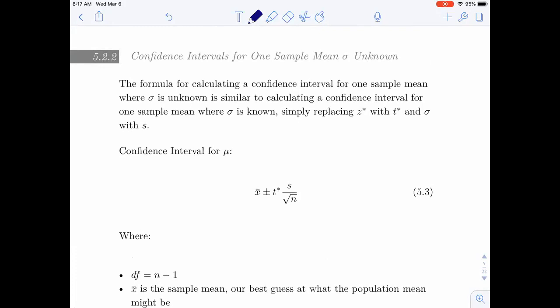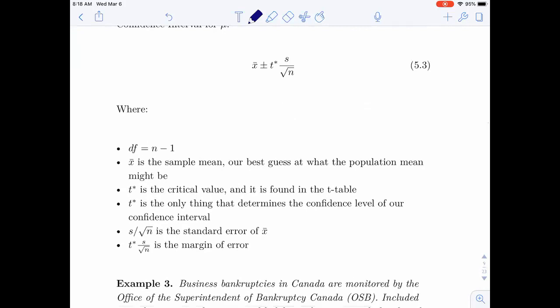And now we're getting a T star instead of our Z star. We know how to find our Z star, and we talked about last day how to find our T star. We do the same thing. We go to the T table, find our confidence level, and then just stop at the line where we find our degrees of freedom. And that's how you're going to find your T star.